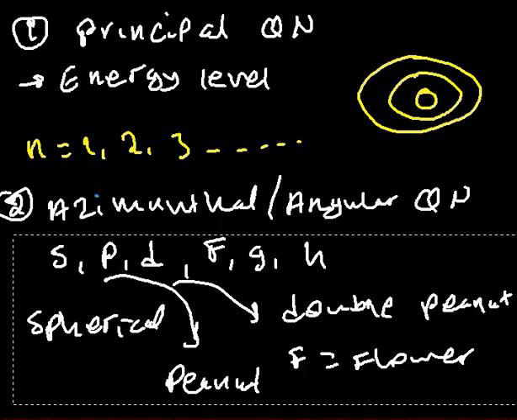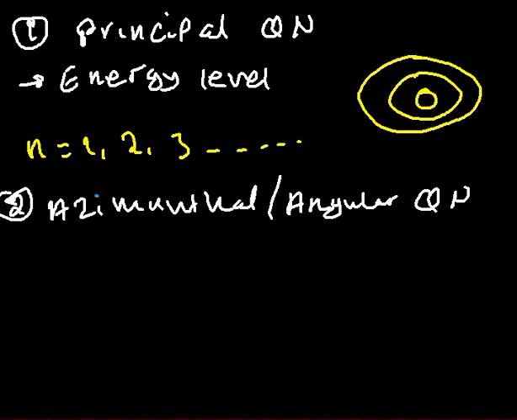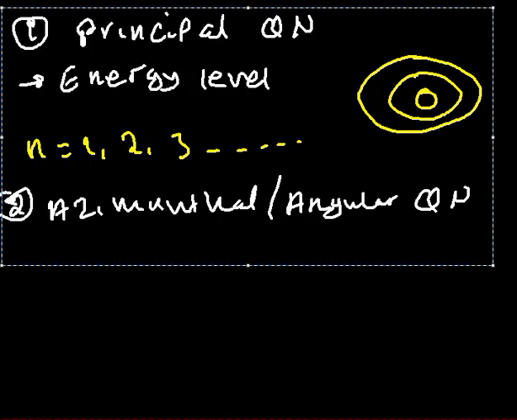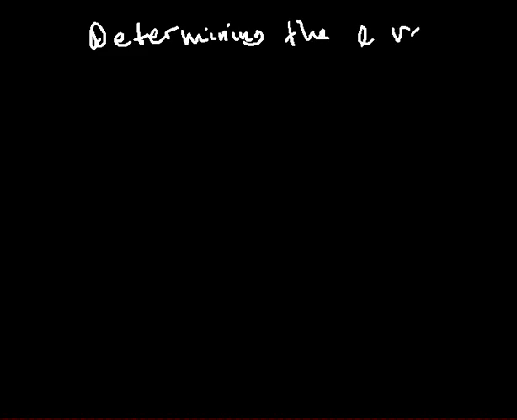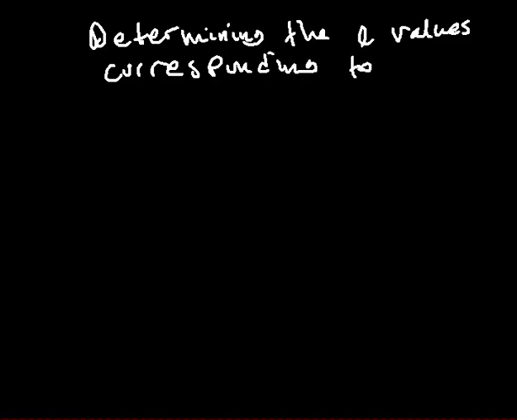How can you determine the L values corresponding to these subshells? Determining the L values corresponding to subshells, given the principal quantum number.